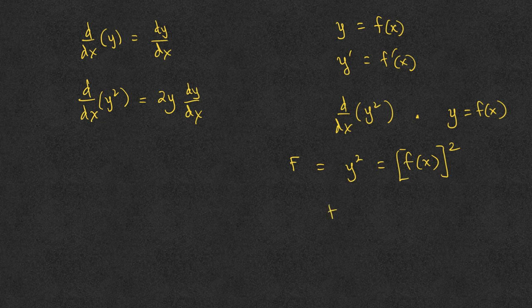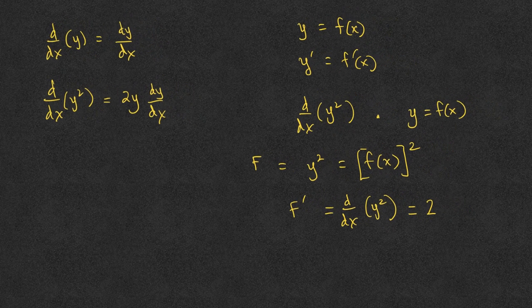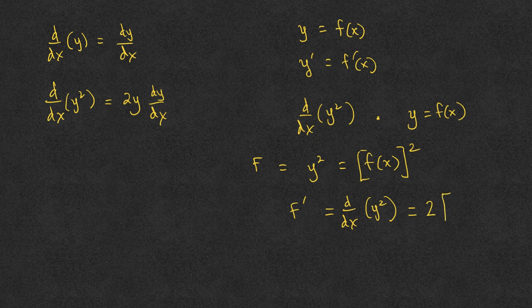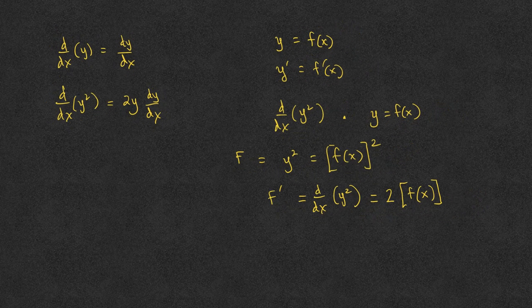And so the F prime, which is the derivative of y squared with respect to x, is, using the chain rule, we would have to take the 2 and put it in the front, and then we would rewrite the function. Remember that we never evaluate the derivative inside the derivative, and so we would have to write f of x again, and we lower the exponent by 1, and then we would multiply by the derivative, which is f prime of x.